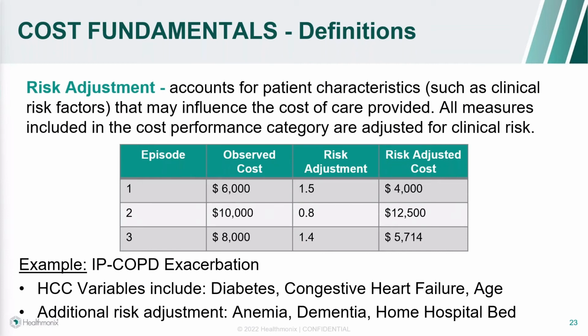In looking at that patient population, this technical expert panel determined that we should take into account whether that patient has anemia, dementia, whether they've been provided a home hospital bed over the last few months, and they take all of those to further risk adjust the cost for that patient.